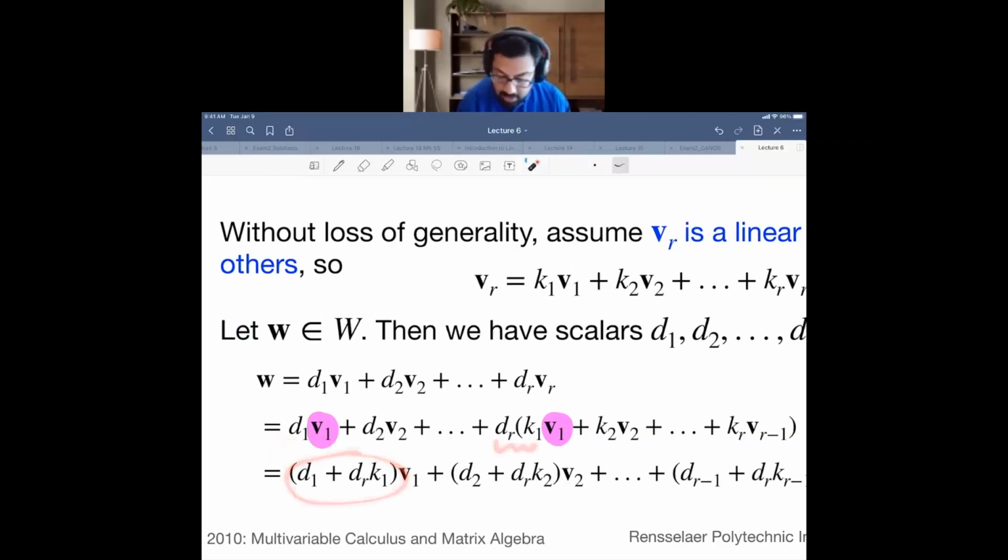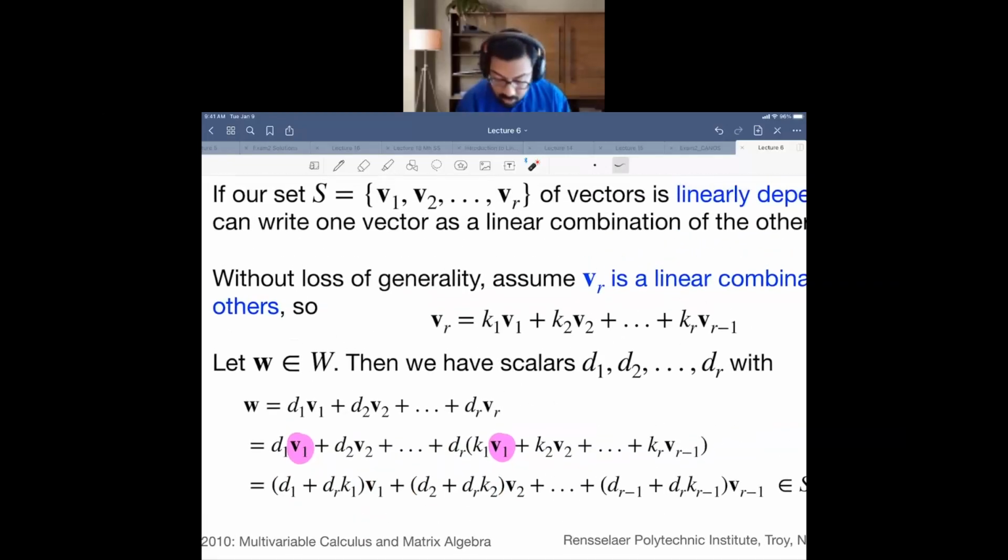And then for V2, similarly, it's going to be D2 plus DR K2, and so on. So what you have over here is what? This is a linear combination of vectors V1, V2, all the way to VR minus 1, right?